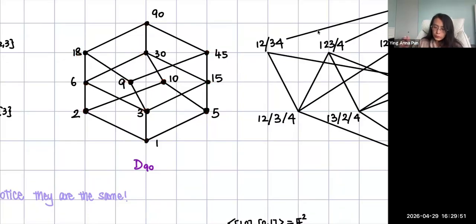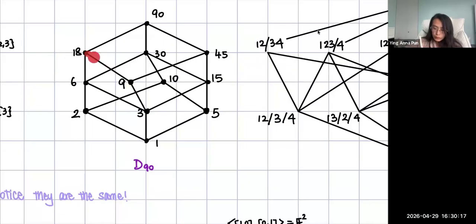And then we arrange them in such a way that, for example, 18 is bigger than 9, because 9 is a factor of 18, and when you divide, the quotient is 2, so it's impossible to have another number in between that is a factor of 18 but a multiple of 9.